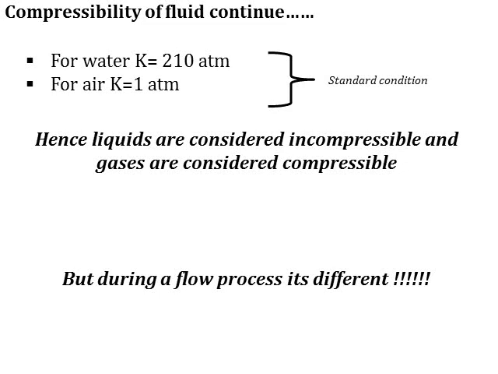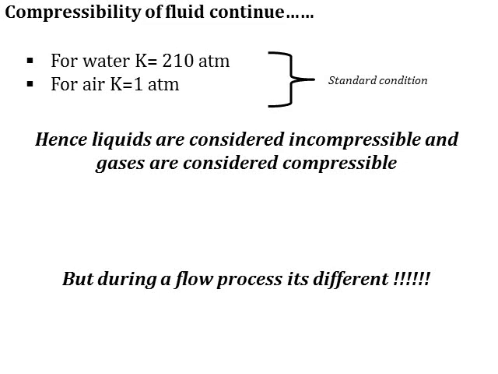Let us take some examples to understand the compressibility of fluid in a much better manner. Here I have taken the bulk modulus value for water and air for comparison. For water it is 210 atmospheres and for air it is 1 atmosphere at standard conditions.